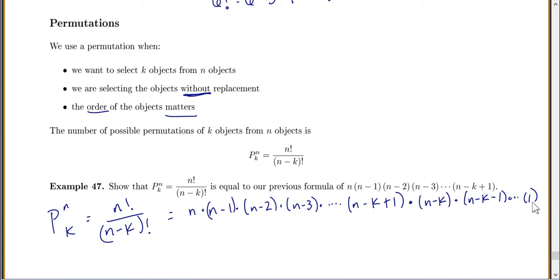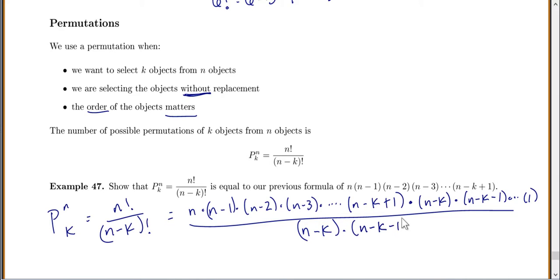So each time I just subtract 1 and get 1 less. And n minus k factorial would be n minus k, and then you subtract 1, so n minus k minus 1, n minus k minus 2 dot dot dot down to 1.